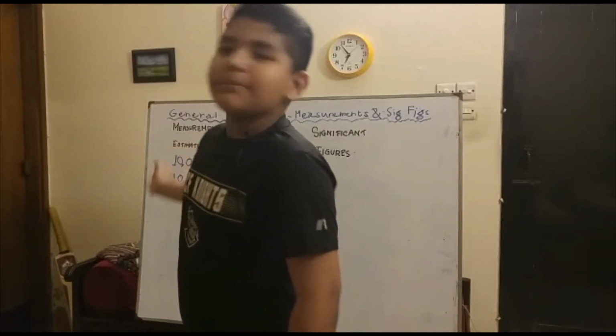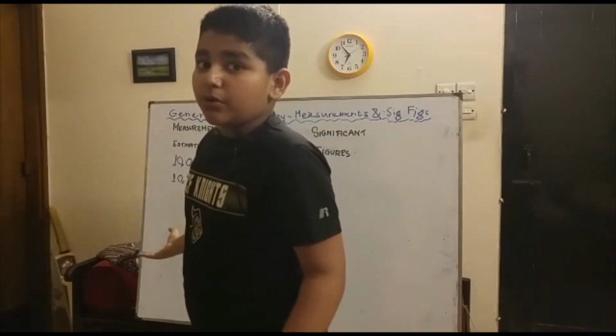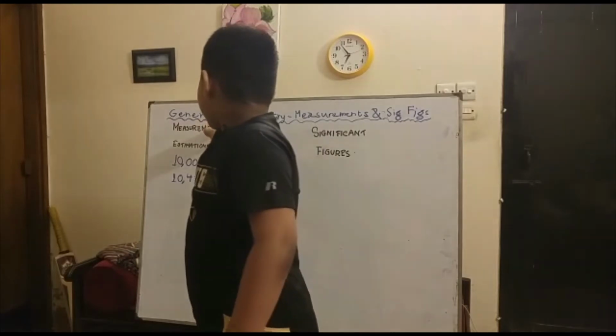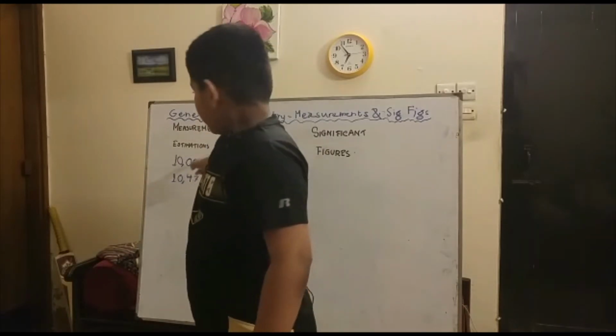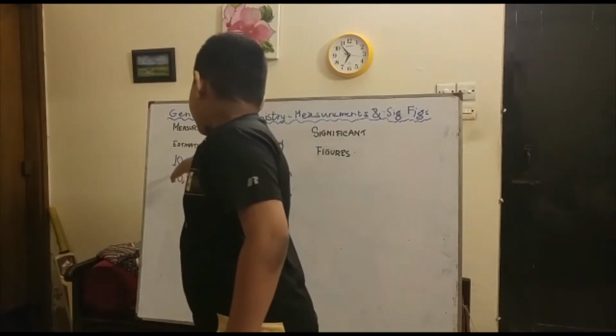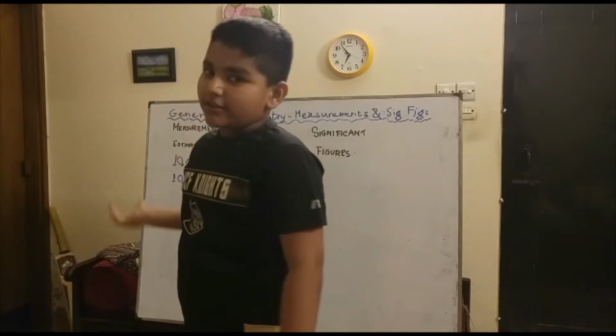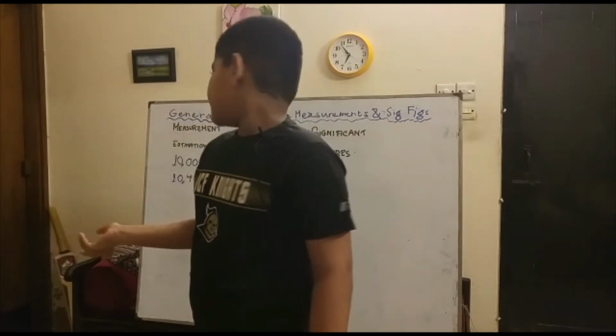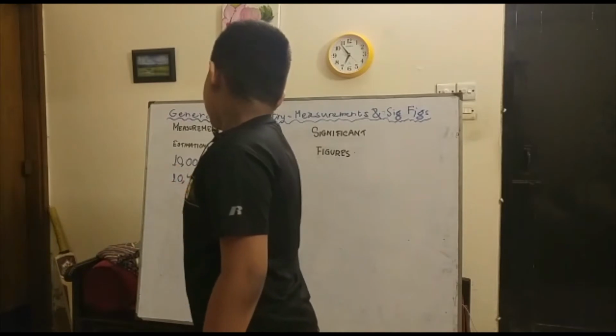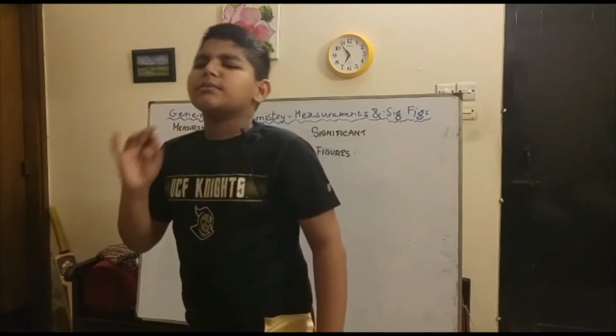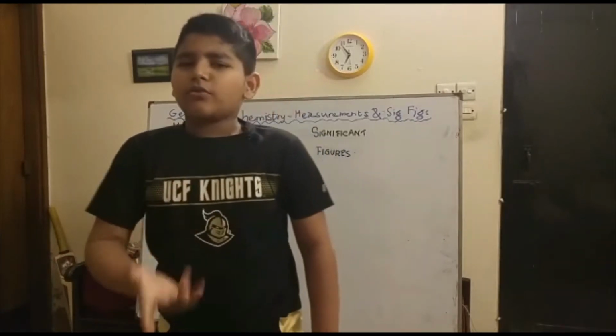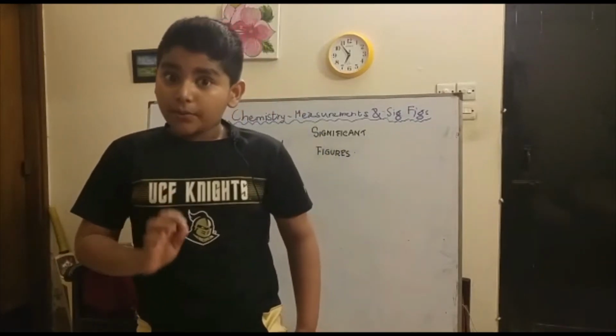So in chemistry and science in general, we take measurements and estimate them. You might estimate there are 10,000 people in a crowded room, but can you estimate up to 10,471? Well, there are some rules we need to apply. One of the rules you might already know is called rounding.